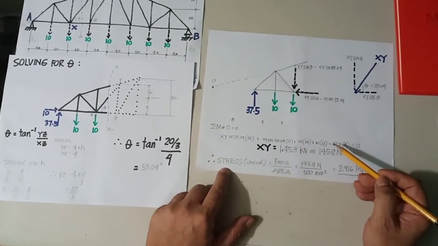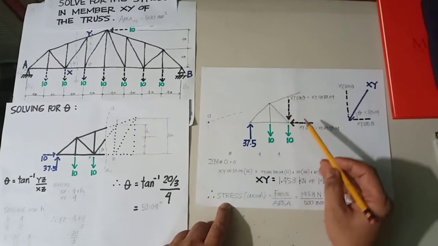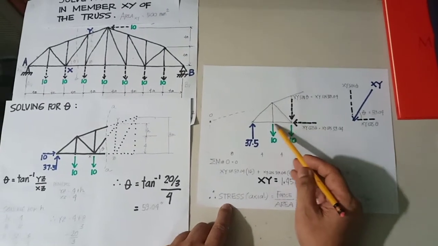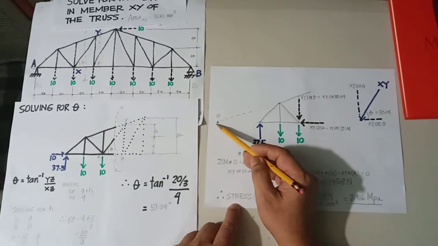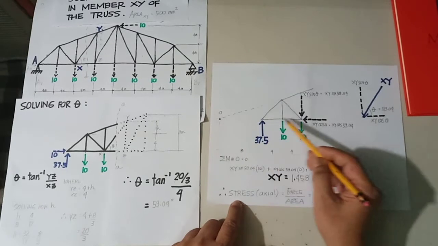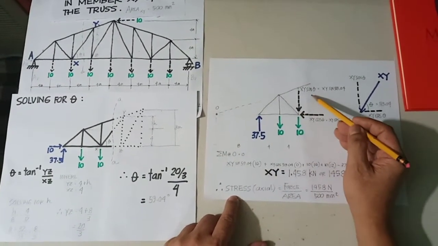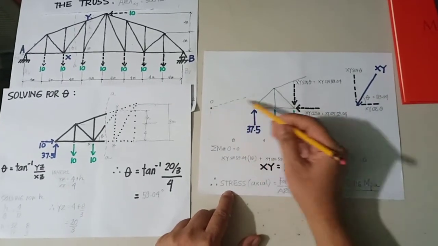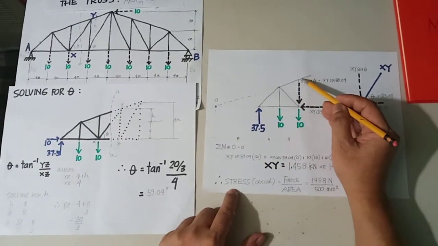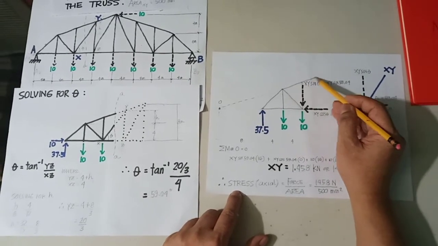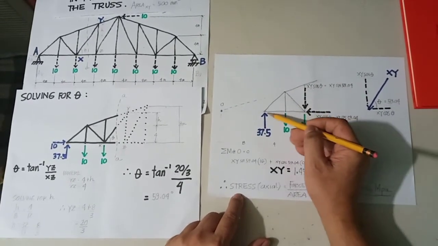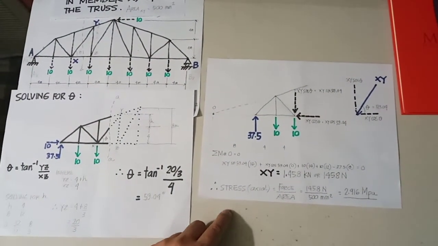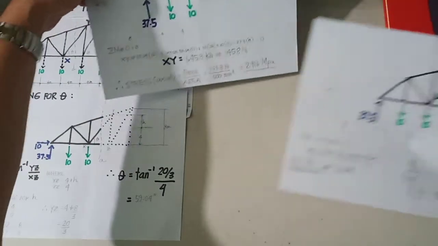That is because we have to get the moments where these two forces will intersect, which is supposed to be at this point O. Prior to solving for the moment at this point, let us solve for the intersection of these two forces. This is how it's done.